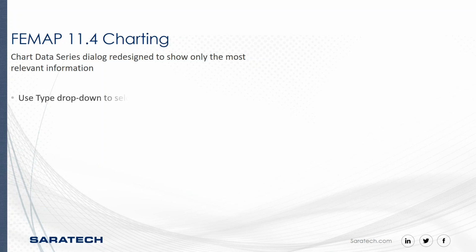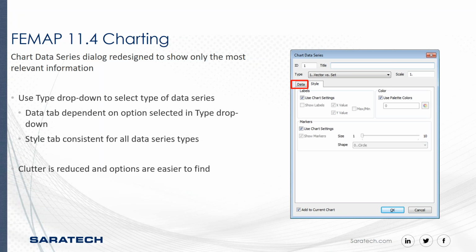All right, let's get into charting. There's a number of improvements in the charting. I'll be showing two to three demos on the charting. So the first thing I'm going to show you is there's an updated GUI for the charting as well. The charting data series dialog was redesigned to show only the most relevant information. I like to equate this to NX. I don't know how many of you have NX, but with NX, depending on which application you're using, the top pane or your options kind of change in accordance.